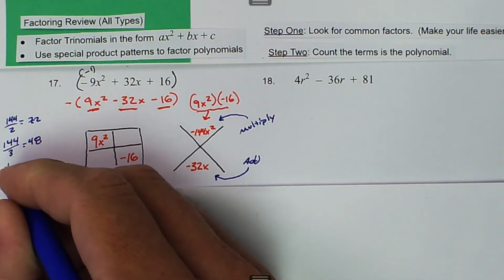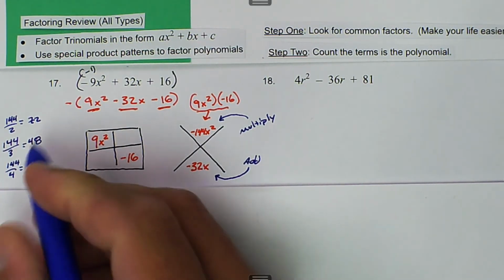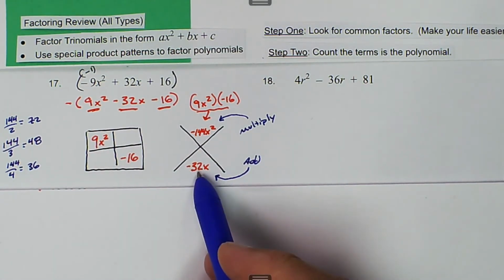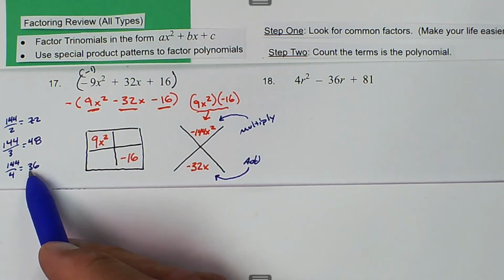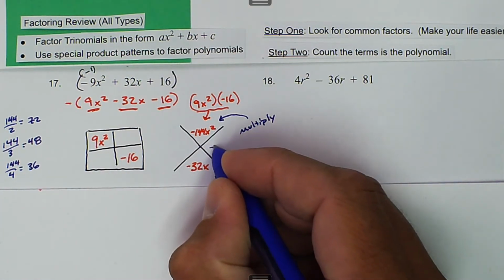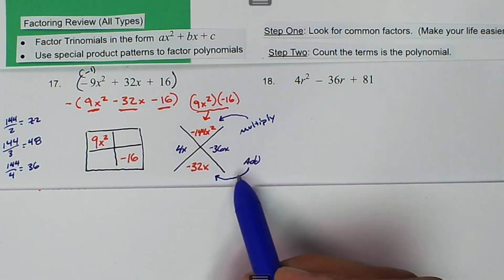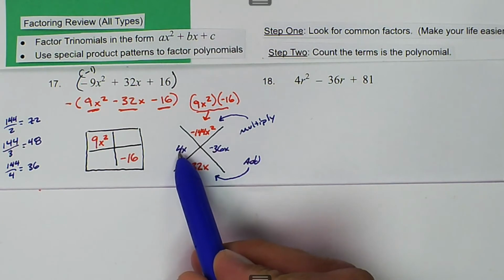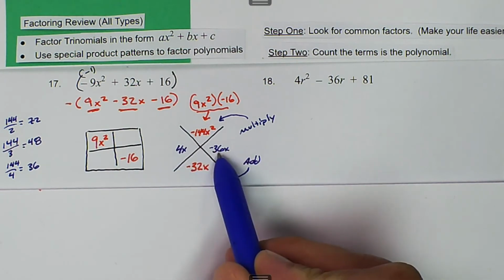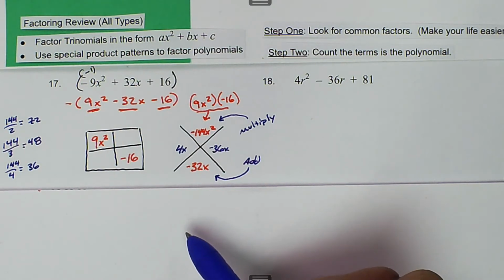No, it does not. So we go 144 divided by 4. That becomes 4 and 36. Does 36 and 4 become 32? Well, it could if we had negative 36 and positive 4. So let's try that: negative 36x and positive 4x. 4x minus 36x is negative 32x, and 4x multiplied by negative 36x is negative 144x squared.